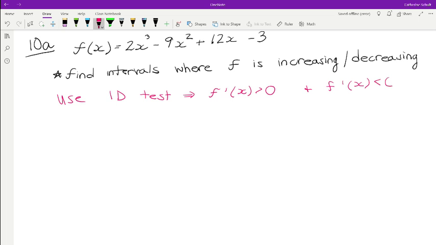So our first step is going to be to figure out what the derivative is. All right, so 6x squared minus 18x plus 12.